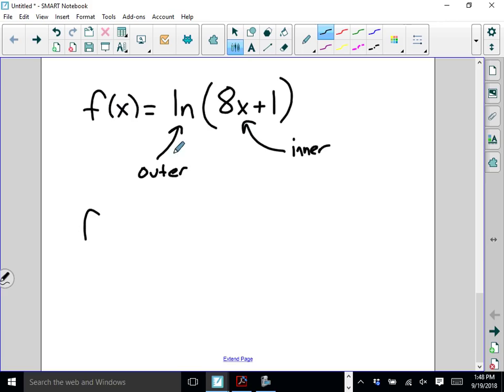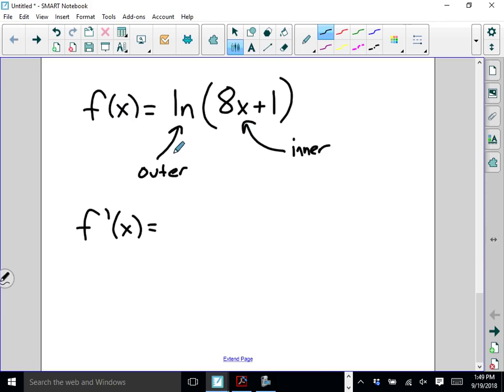So let's now talk about finding f prime. I want to do the derivative of the outside. Well, now let's think. Natural log. I know the derivative of natural log x is 1 over x. But now I'm doing the derivative of the natural log of 8x plus 1. So I have to do the derivative of the outside, but instead of with respect to x like we're used to, I'm doing it with respect to 8x plus 1.